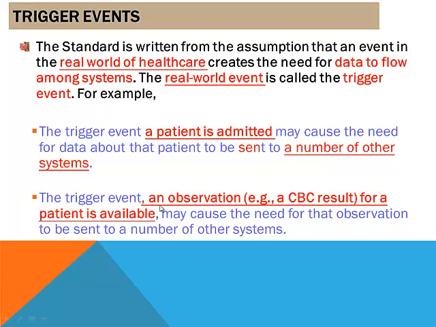Another trigger event example is that an observation for a patient is available. This will cause the need for the observation result to be sent to a number of other systems, for example to the doctor's system, or perhaps to their personal medical record systems.